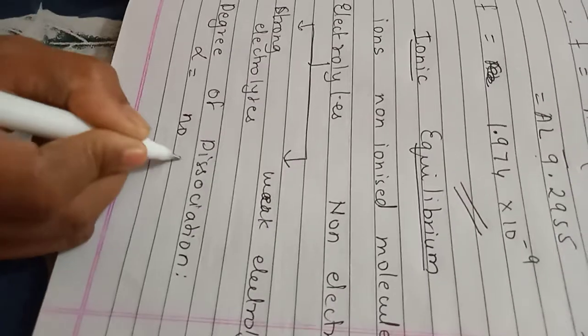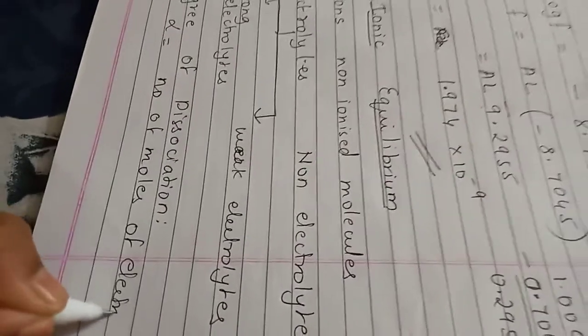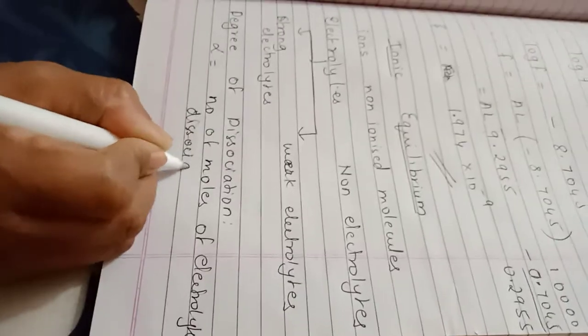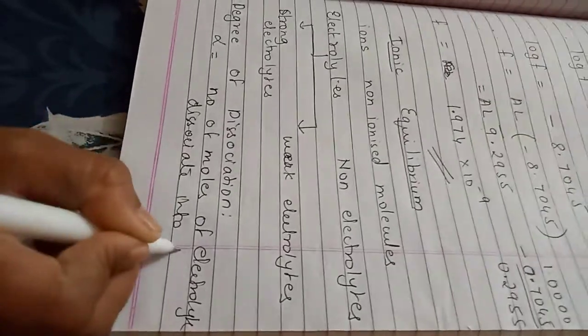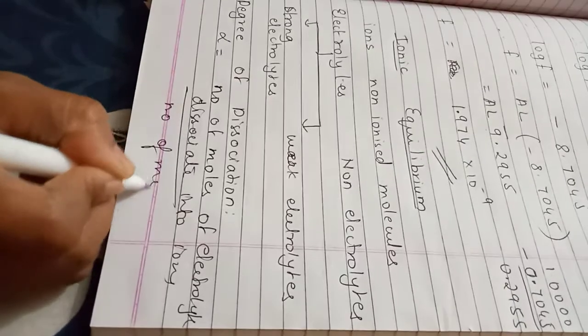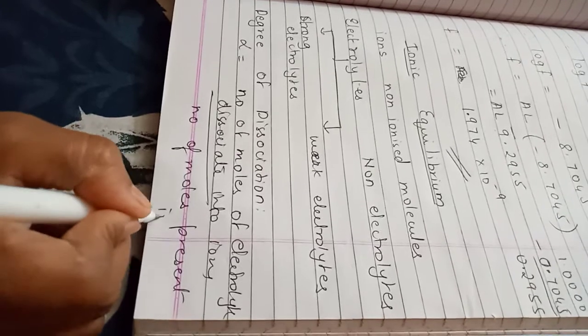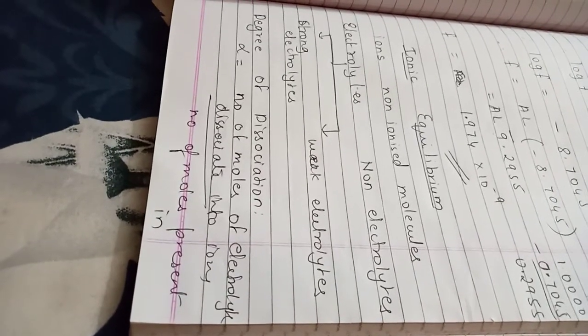It is the number of moles of electrolyte which dissociate into ions to the total number of moles present. Okay, which total number of moles of the electrolyte त्याच्यातले जेवढे dissociate झाले, you take the ratio, that is called degree of dissociation.